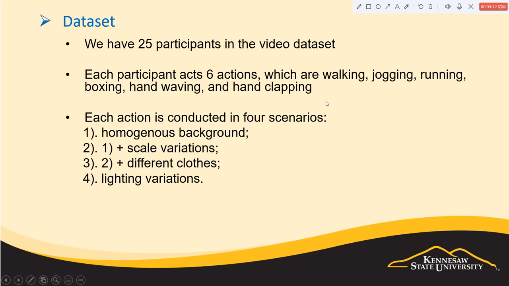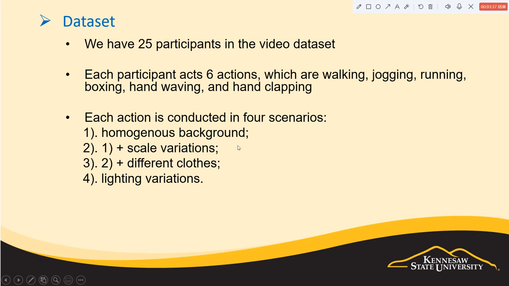And this is the dataset we use for our project. We have 25 participants in this video dataset, and each participant performs 6 actions, which are walking, jogging, running, boxing, hand waving, and hand clapping. And each action is conducted in 4 scenarios.